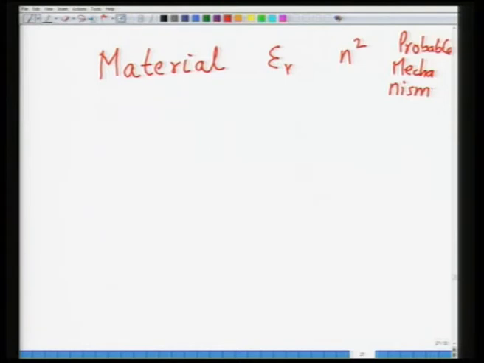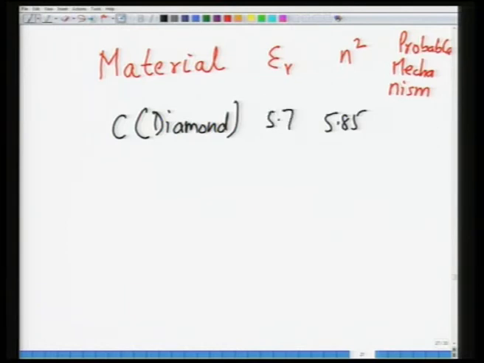So, let us say the case of first diamond, which is nothing but carbon. Diamond has a refractive index according to which n square is 5.85. The measured value of dielectric constant is 5.7. So, since these two values are close to each other, the probable mechanism is going to be atomic mechanism.